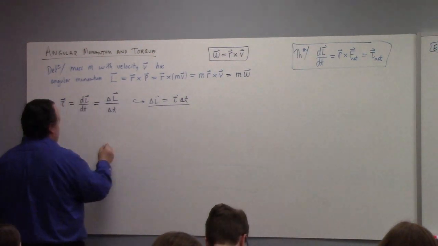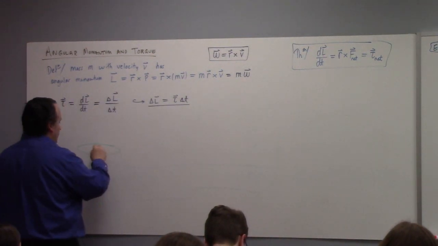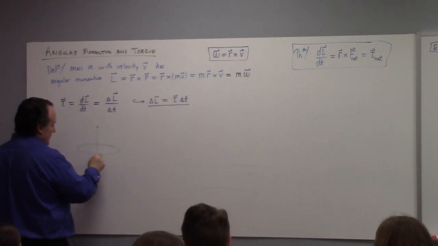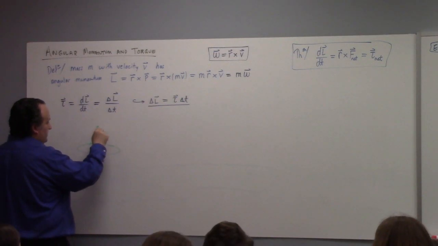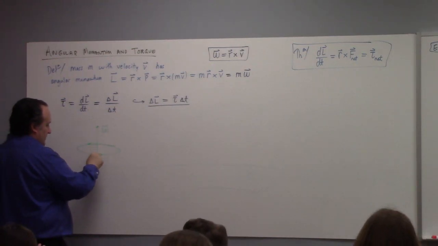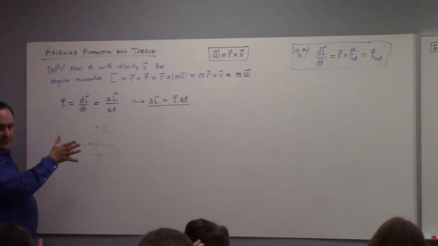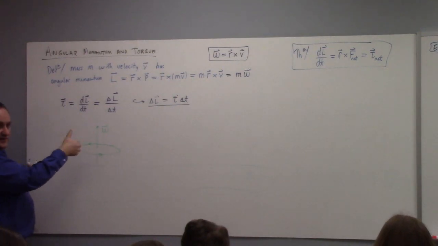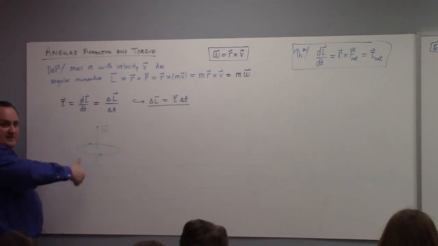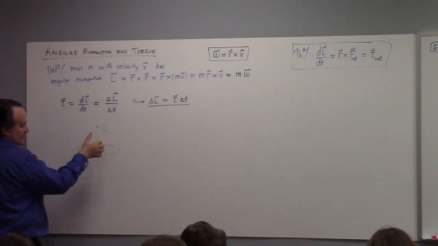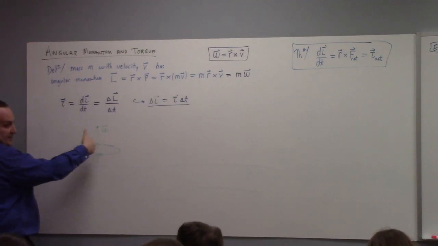So if the motion's like this, this is the angular velocity vector. Grip the rotation of motion: your right hand wraps around the rotation axis, and your thumb points in the positive direction with respect to the rotation axis for a counterclockwise rotation about that axis, right?